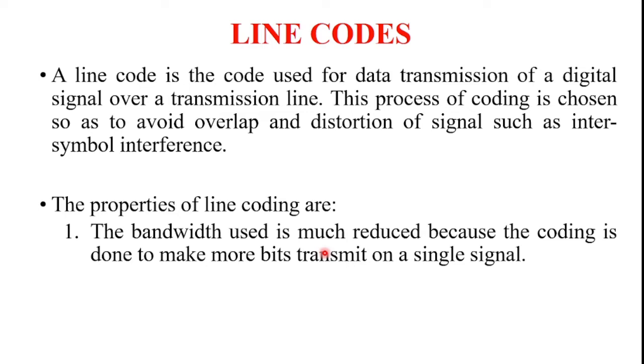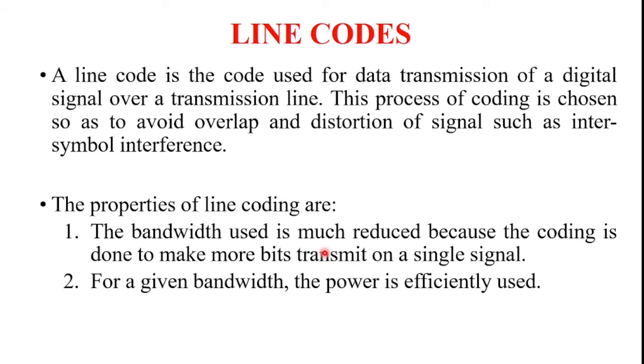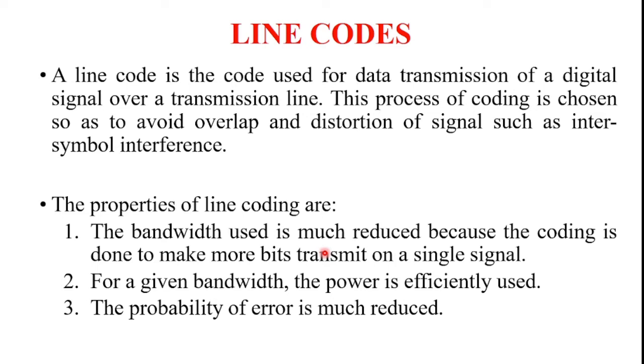Next, the probability of error is much reduced. Fourth, error detection is done and the bipolar code has a correction capability. Next, the power density is much favorable. And next, the timing content is acceptable. So these are the properties of line codes in digital communication.